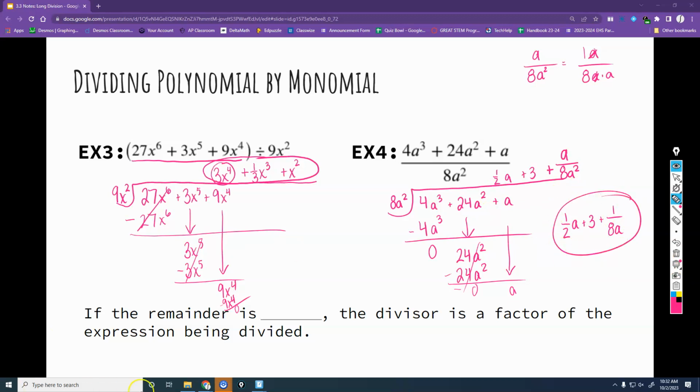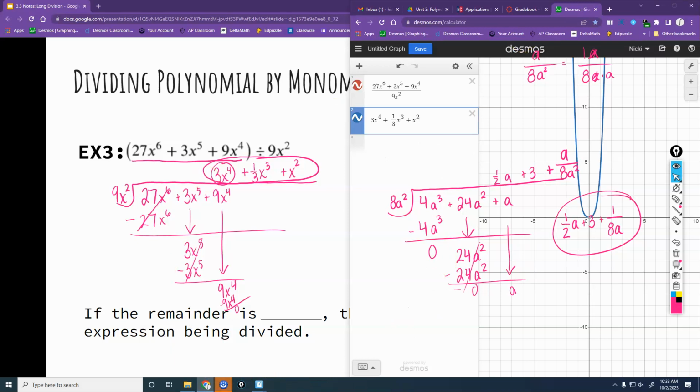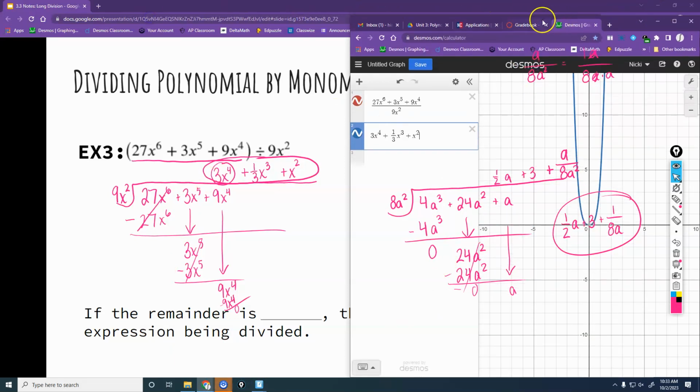We could type this into Desmos to see if that works. Let's put Desmos over here, actually.